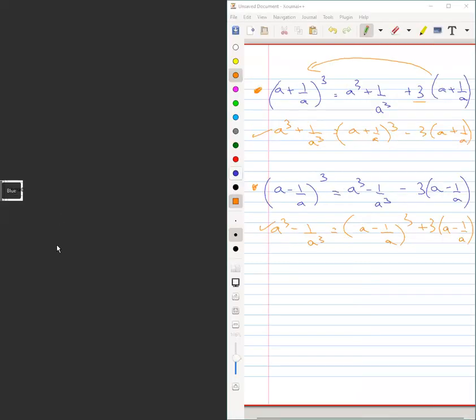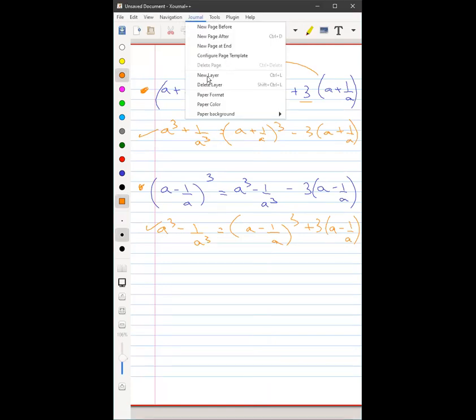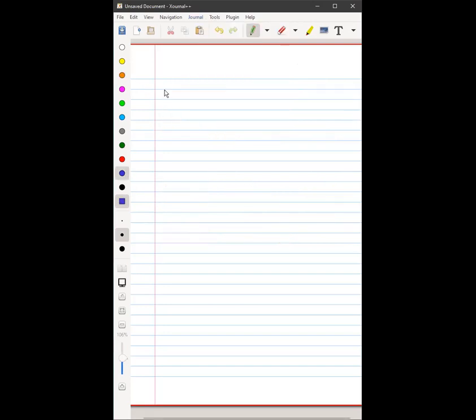Any doubts in these equations? In these identities? Let's do a few practice sums then. Solve this question quickly. Do this one quickly. This is just for you to get into the habit of solving these cube questions.